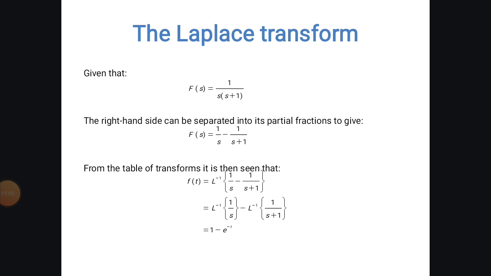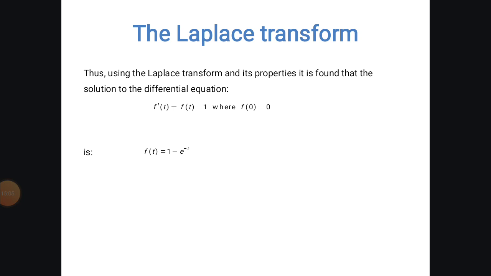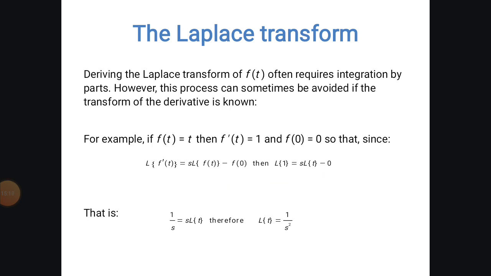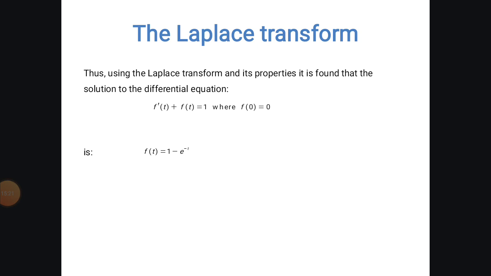So f(t) will be 1 minus e raised to minus t. Thus, using the Laplace transform and its properties, we can solve any differential equation where f(0) is 0. Then our solution is f(t) = 1 minus e raised to minus t.